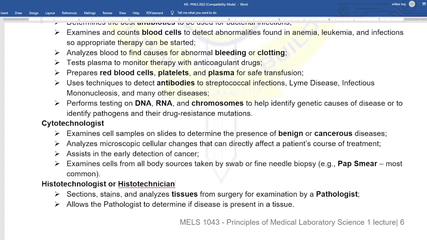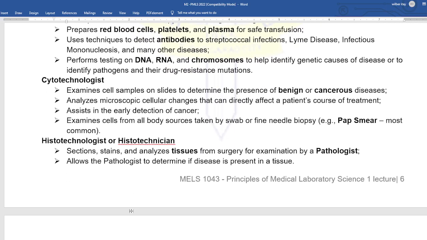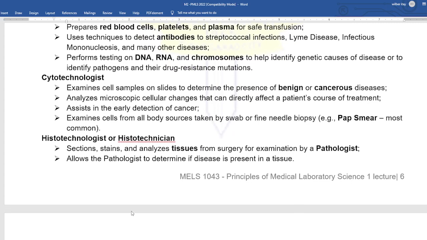Okay, sections, stains, and analysis. When I say sections kasi, for example, you have tissues that are cut into small thin pieces, okay, and placed in a slide para mabasa ni pathologist. So it allows the pathologist to determine if disease is present in the tissue.